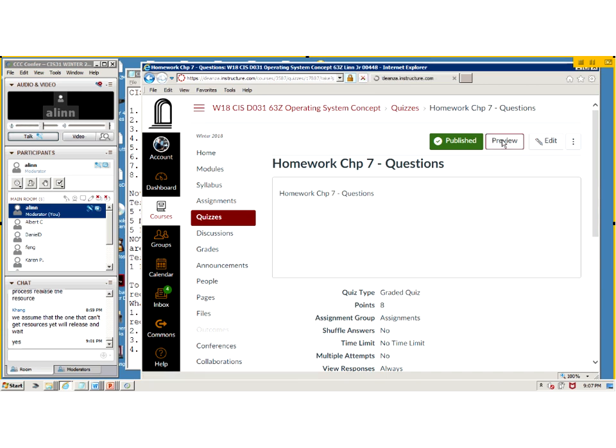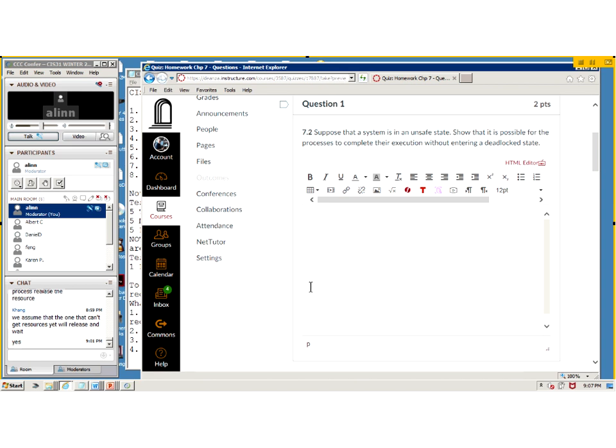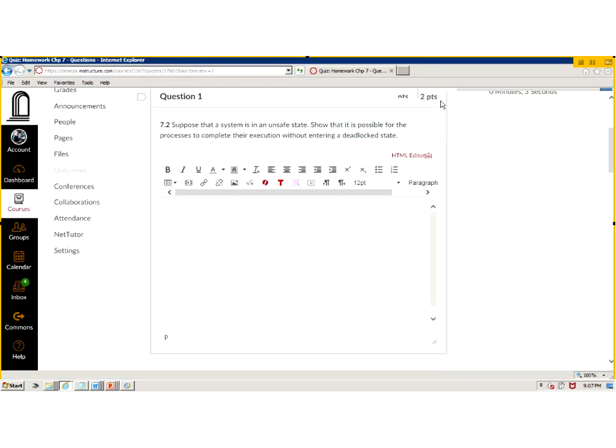We'll preview this. So this area here is what I'm talking about. It'll be a formatted area, and you could copy and paste into it from the example here. You can format it, copy and paste in your answer here, but it's not big enough. So what you want to do is you probably want to go full screen on it.